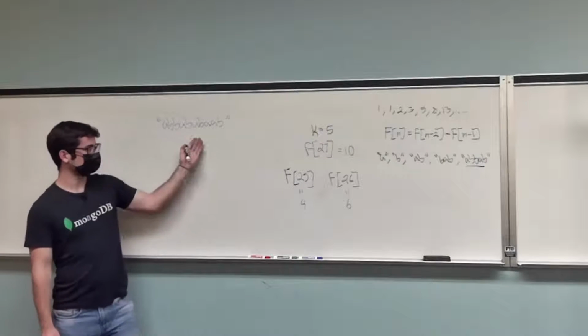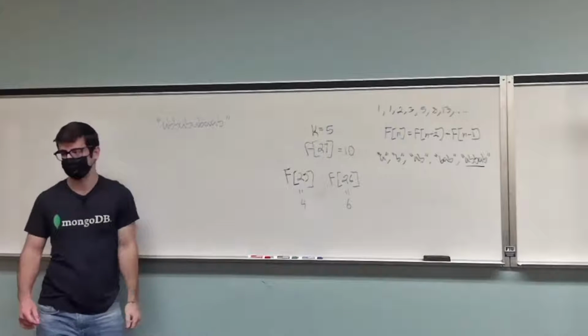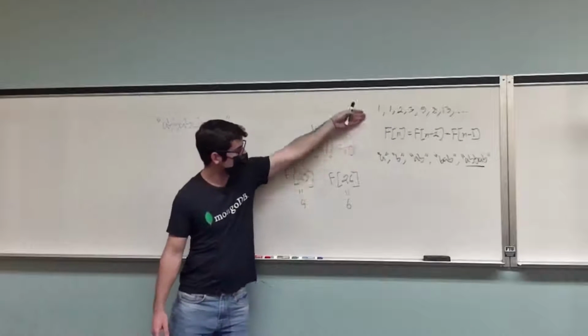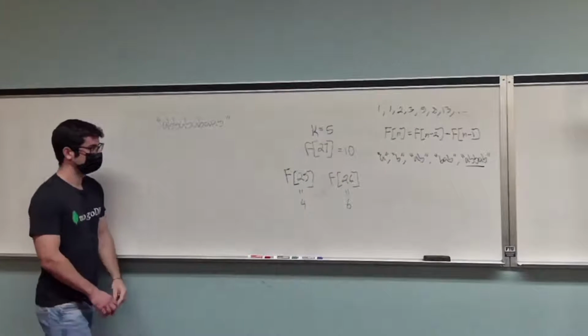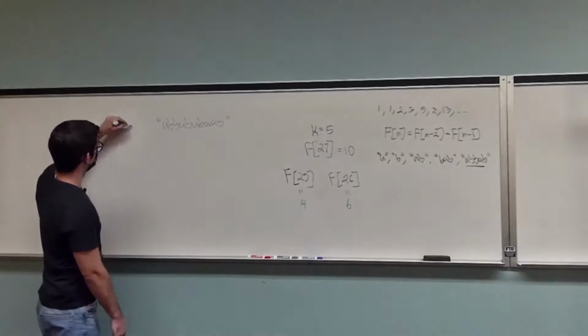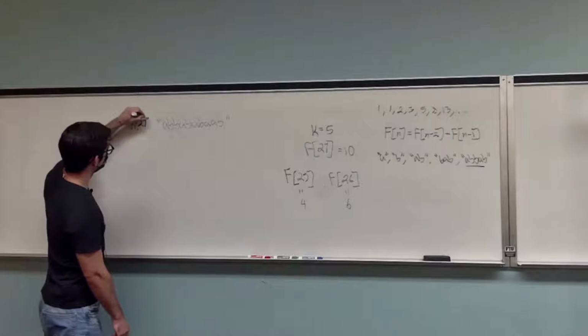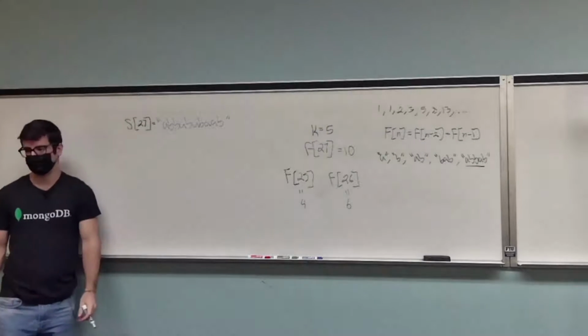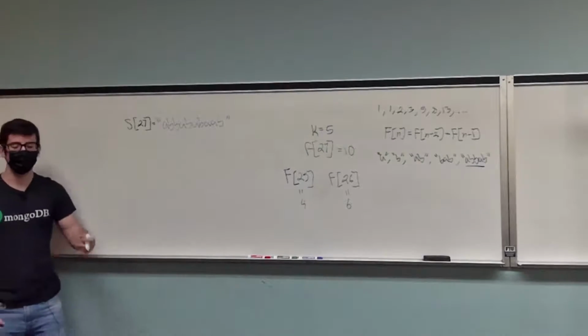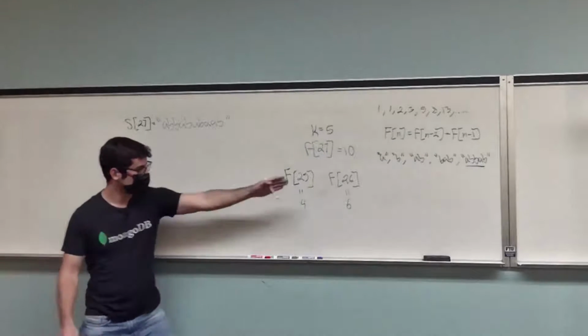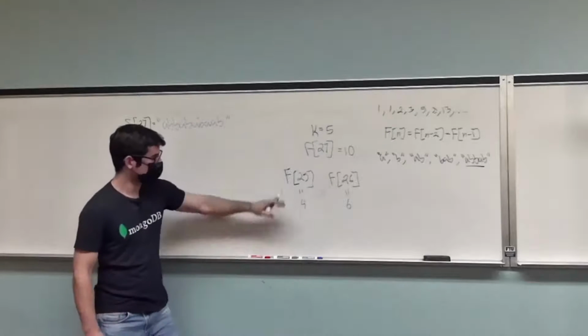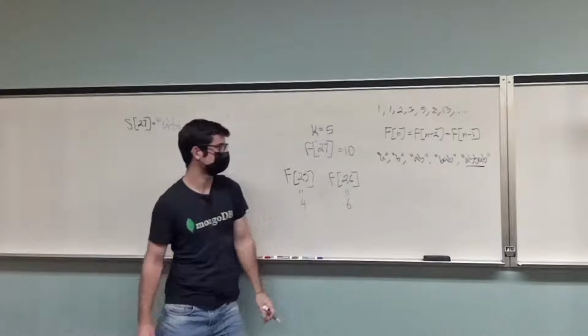This has 10 characters. F of 27 has 10 characters. We know that pattern. We know there's a connection. So we know that this is S of 27, where the S just represents the Fibonacci sequence for strings, and F represents the number sequence.